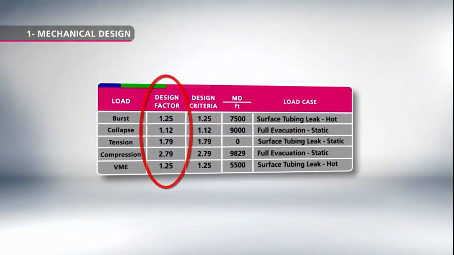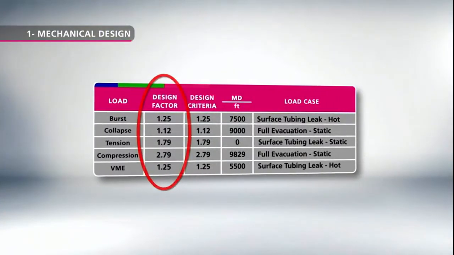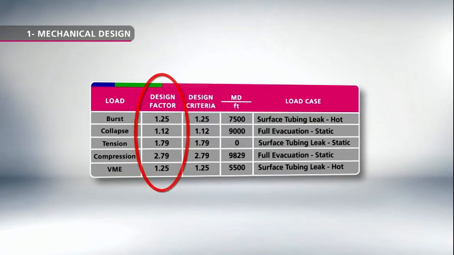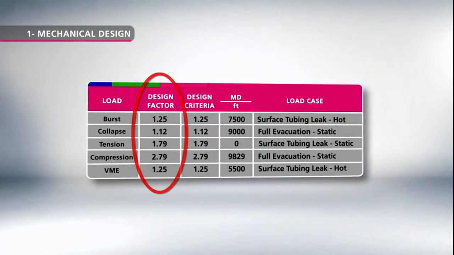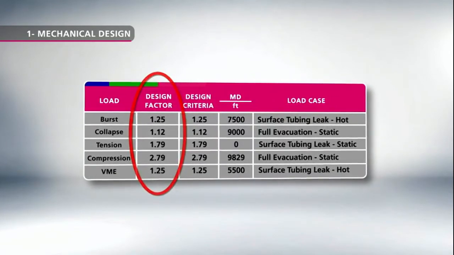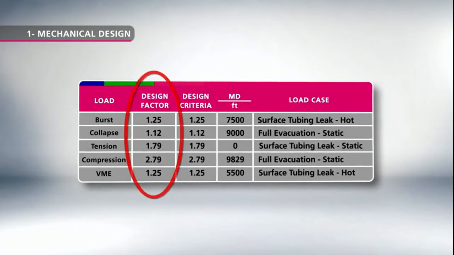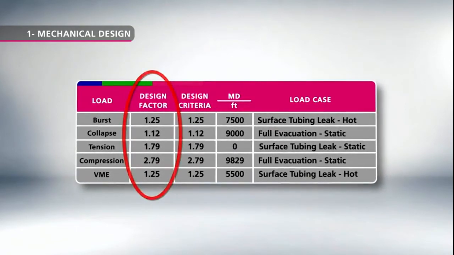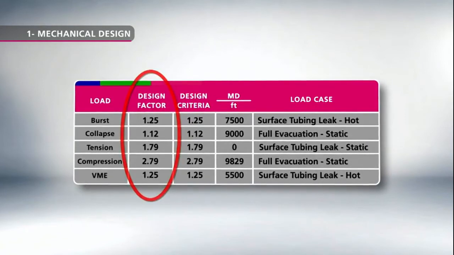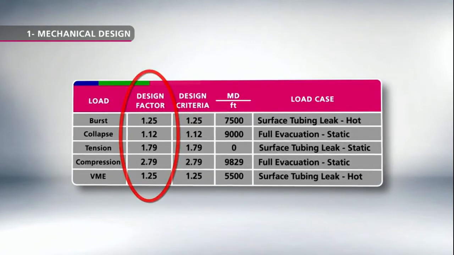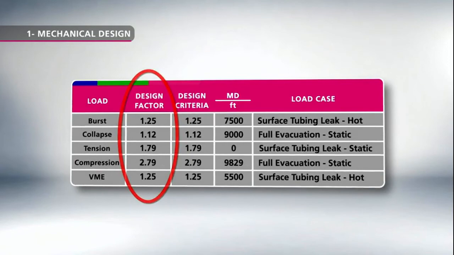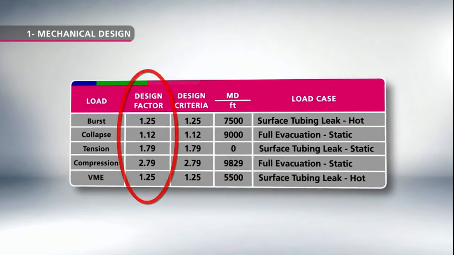Additional to the graph, the design factors calculated for each of the 5 design parameters: burst, collapse, tension, compression, and von Mises are indicated. Those design factors must be either higher than the ones considered as a standard by the oil and gas industry, or higher than the design criteria established by the operators.